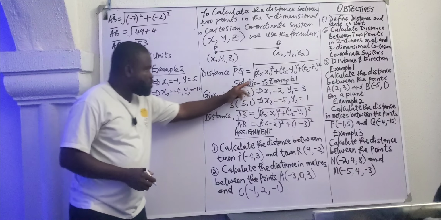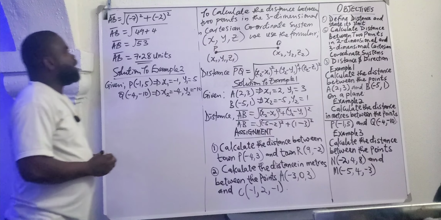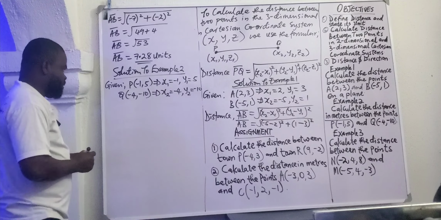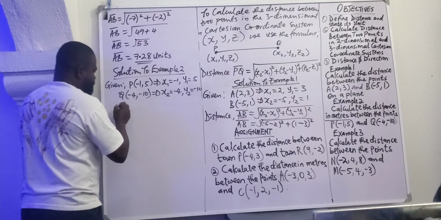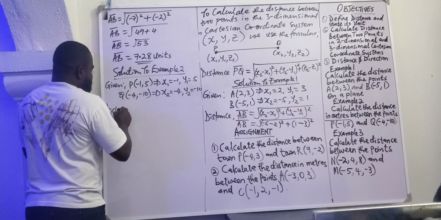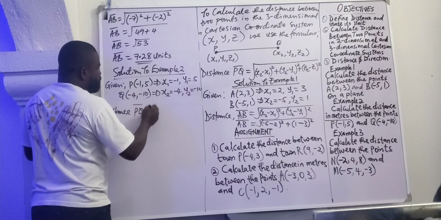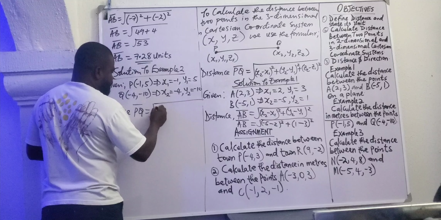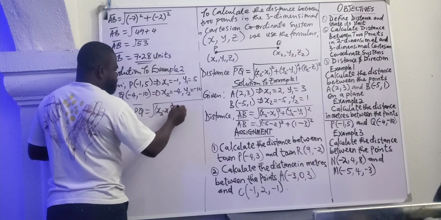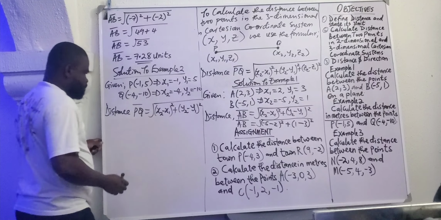Now, I'm going to quote the formula for distance between 2 points in the two-dimensional Cartesian coordinate system. So I'm saying therefore that the distance of a line PQ will be obtained by using the formula S2 minus S1 all square plus Y2 minus Y1 all square.